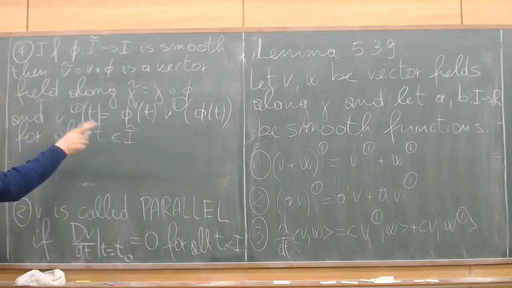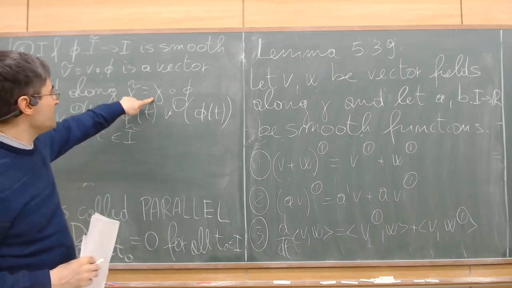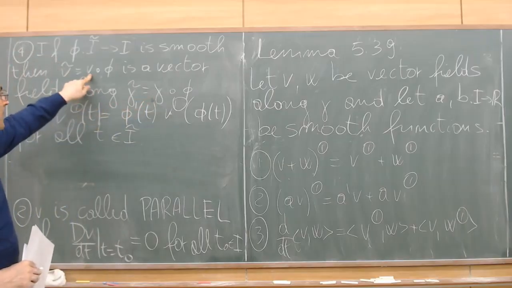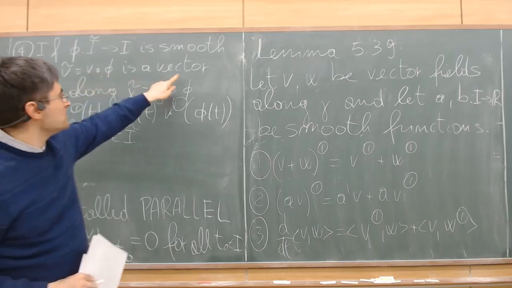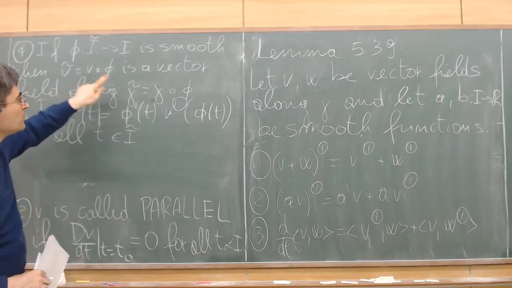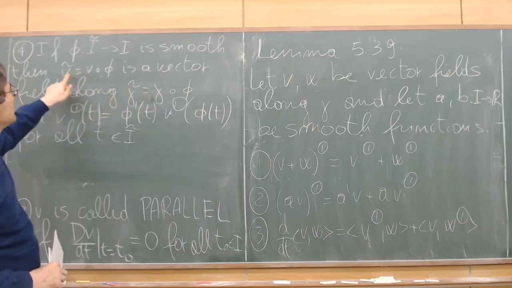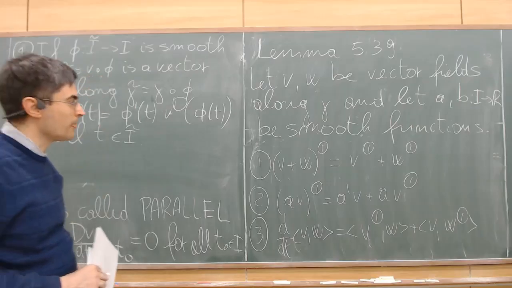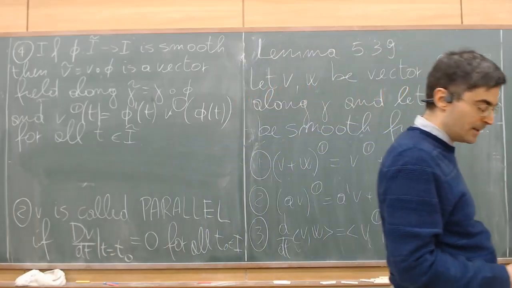In other terms, if you have a reparametrization of a curve, how do you construct a vector field along this new curve if you have a vector field along gamma? Just take V tilde equal V composite phi, where phi is the reparametrization.